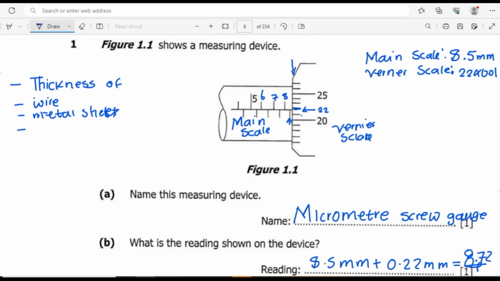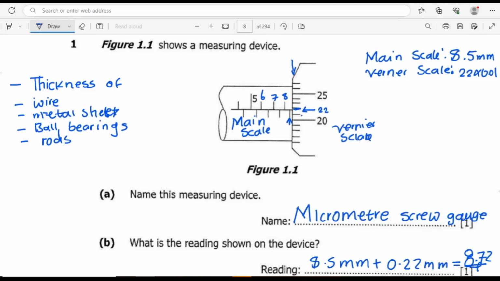Then from there we have ball bearings. Apart from ball bearings, it can also measure the diameter of rods. So these are the questions that we may expect in the final examination under the micrometer screw gauge.